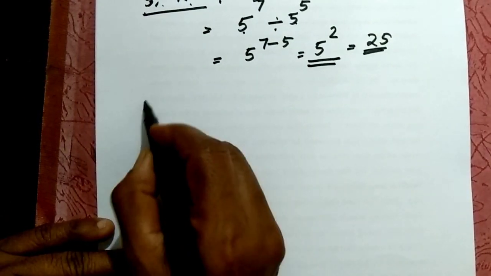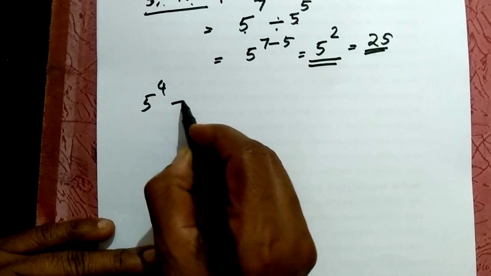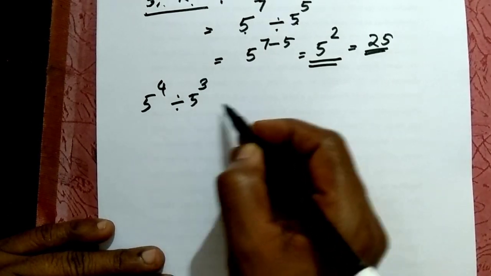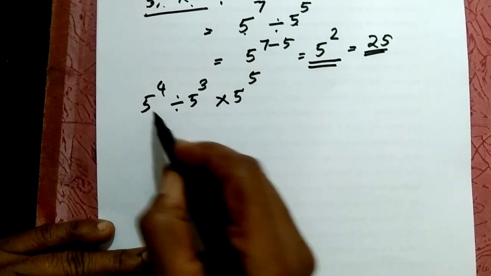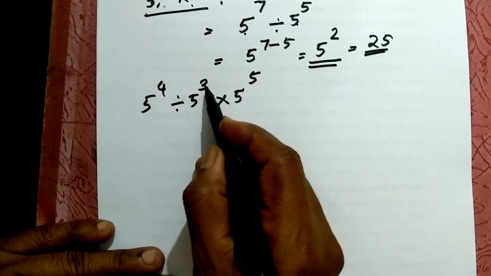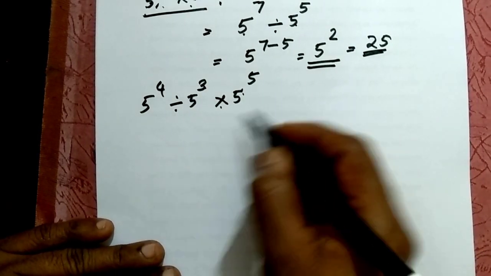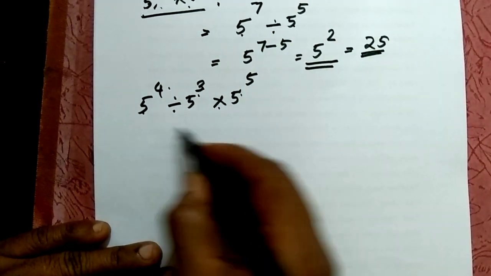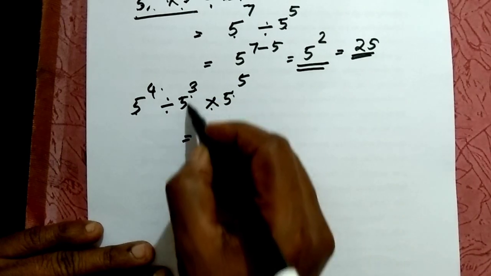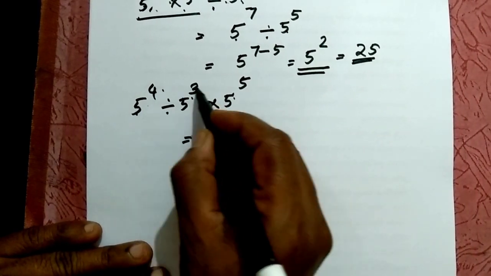Then 5 raised to 4 divided by 5 raised to 3 into 5 raised to 5. Here a raised to m divided by a raised to n is a raised to m minus n.